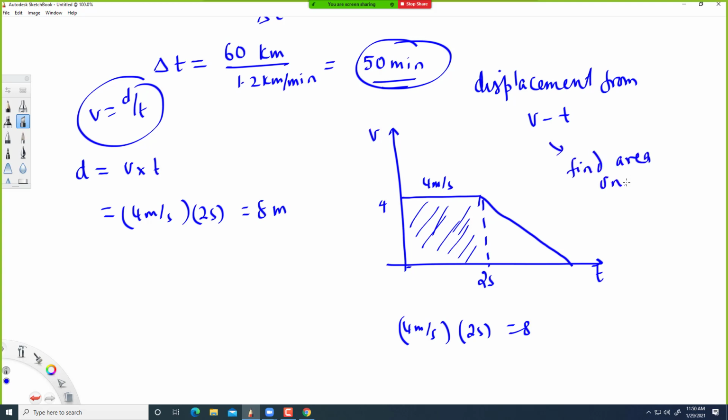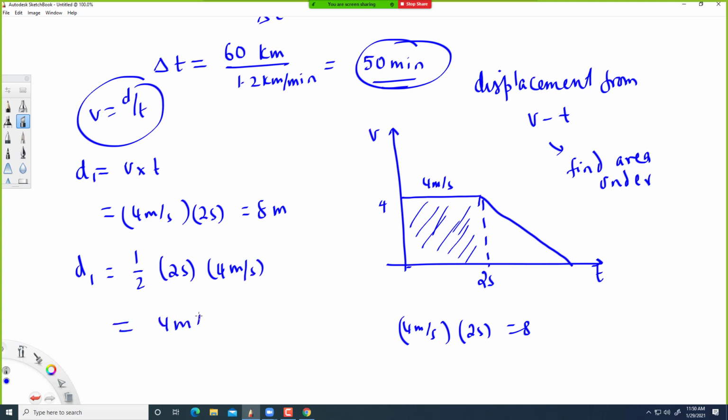So you can find the area under this whole curve: this is one part, and the other part is the area of that triangle. Area of a triangle is 1/2 base times height. Base is 2 seconds, and height is 4 meters per second. That gives us 4 meters.